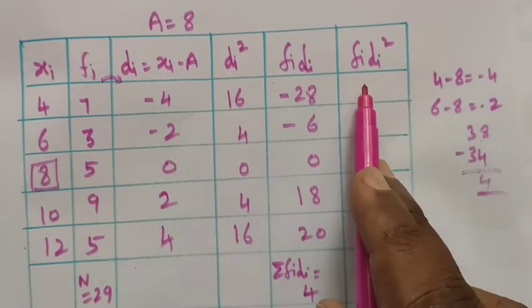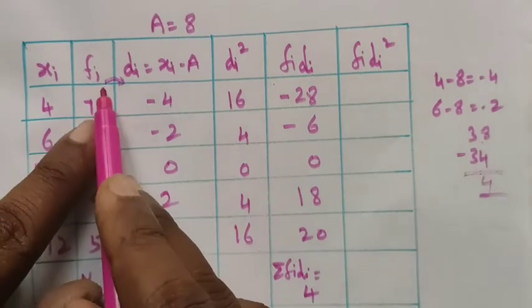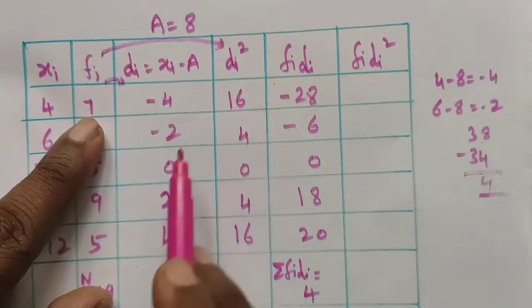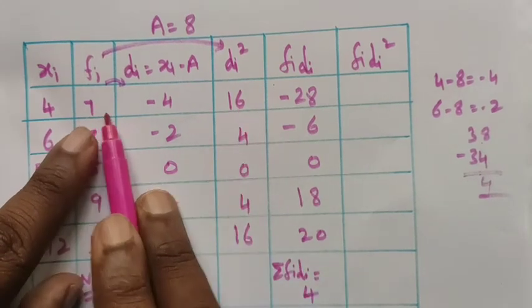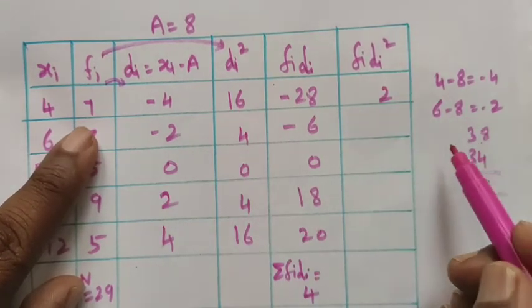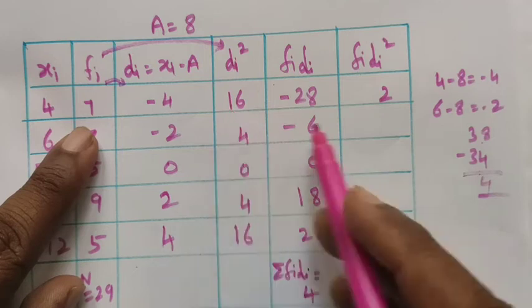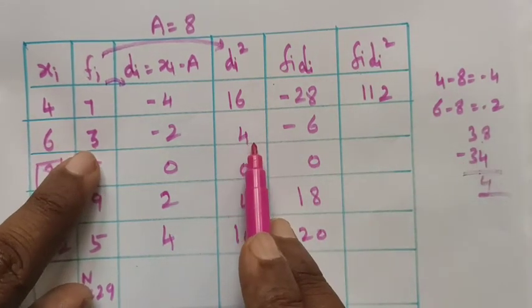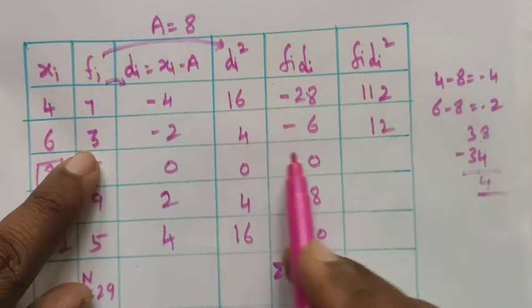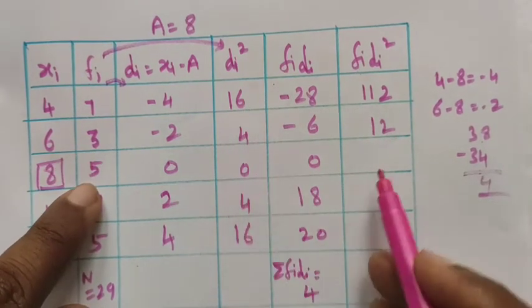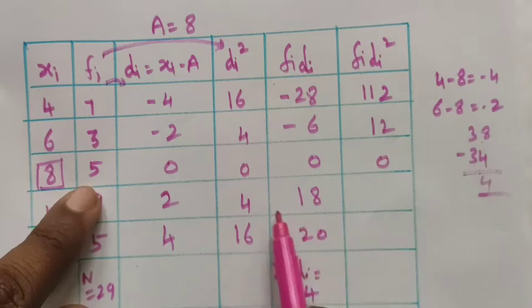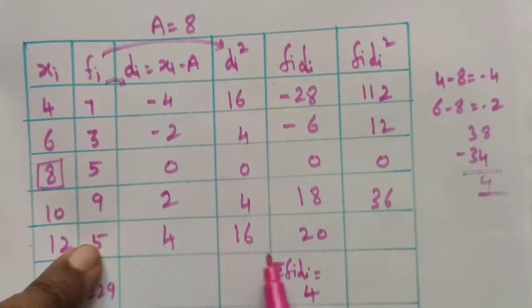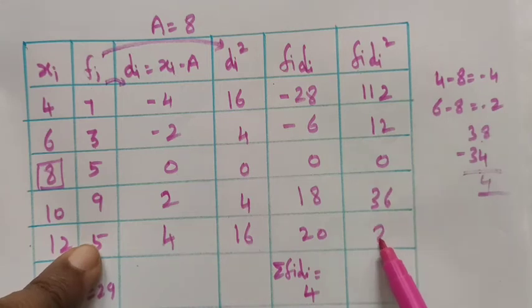Now we find fi di square: we multiply fi and di square, these two columns. 7 16s are 112. 3 4s are 12. 5 into 0 is 0. 9 4s are 36. 5 16s are 80.